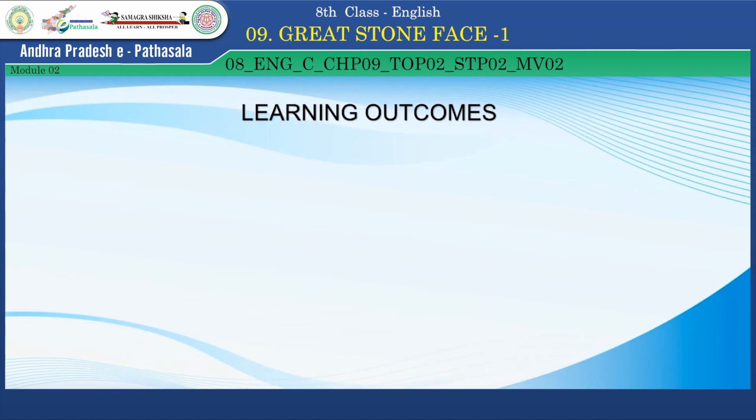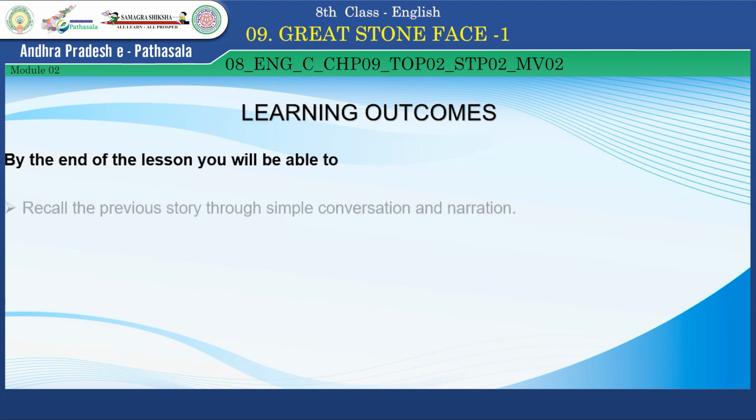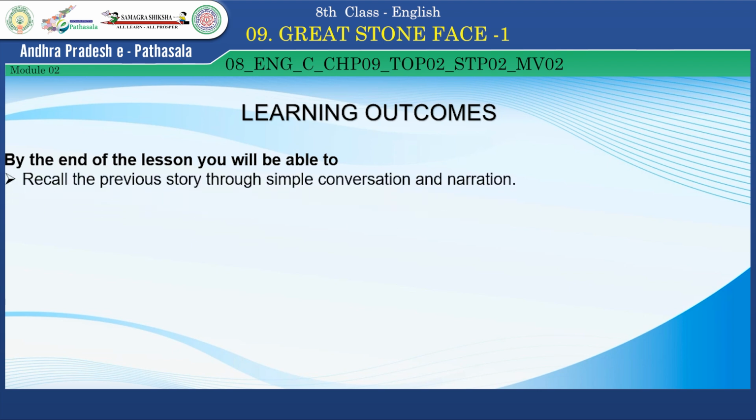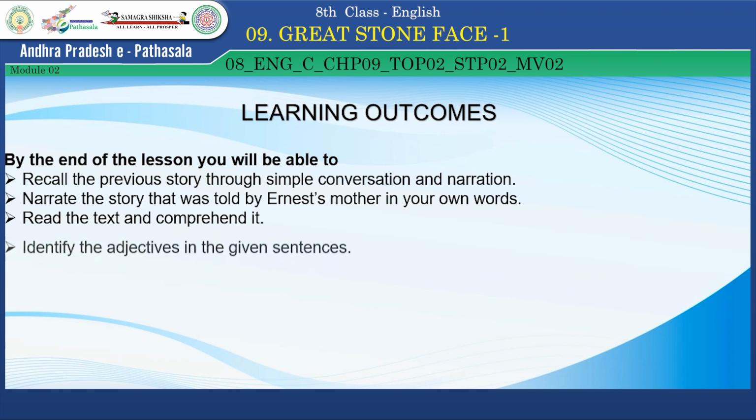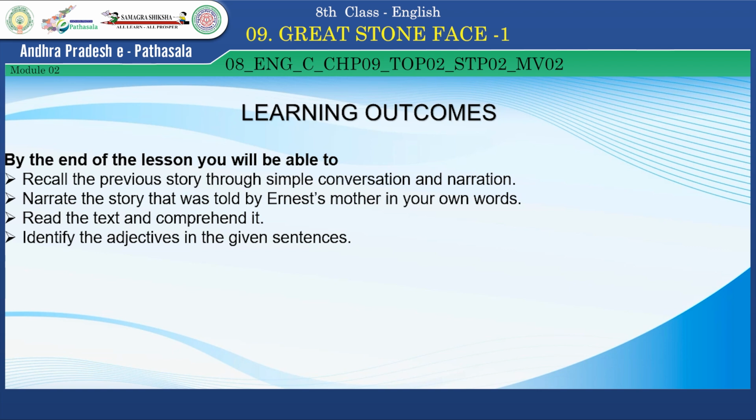Learning outcomes. By the end of the lesson, you will be able to recall the previous story through simple conversation and narration. Narrate the story that was told by Ernest's mother in your own words. Read the text and comprehend it. Identify the adjectives in the given sentences.